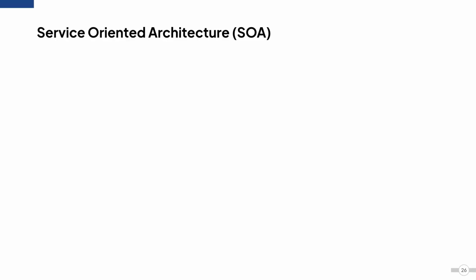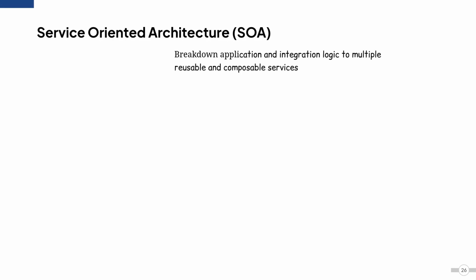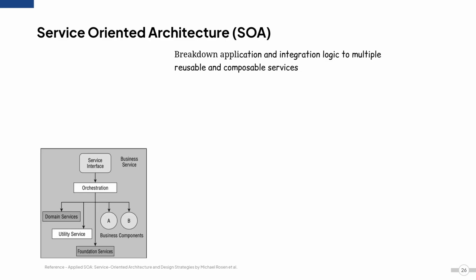And this is where architectures like service-oriented architecture came in and helped. So now, what is service-oriented architecture? It breaks down the application and integration logic into multiple reusable and composable services. For example, in a service-oriented architecture, you may have multiple services like domain services, utility services, foundational services, and then your business service may be a combination of all of these.